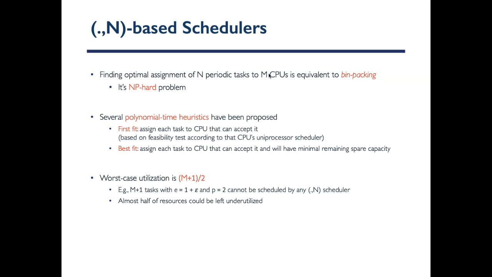But this tells us that for these classes of schedulers, the best you can do is (m+1)/2 as a firm guarantee. So I just showed you a task set with a utilization of almost half of what your system is capable of, and you still cannot schedule it, no matter what scheduling policy you choose.